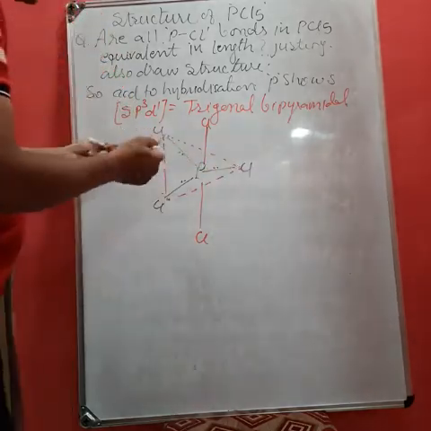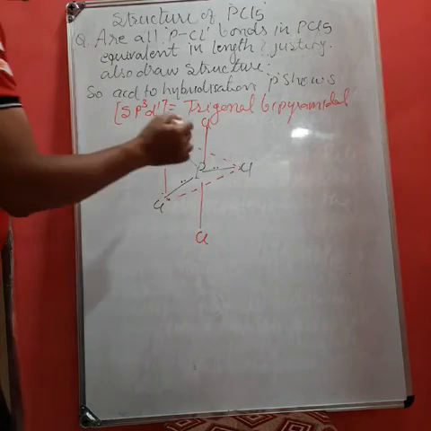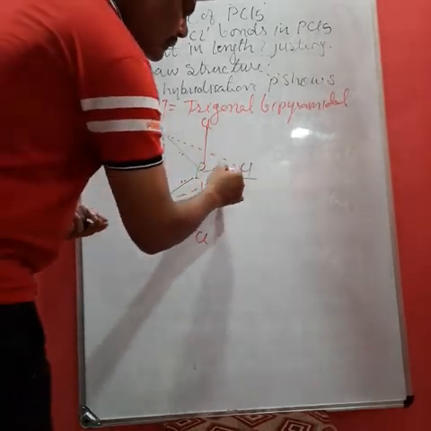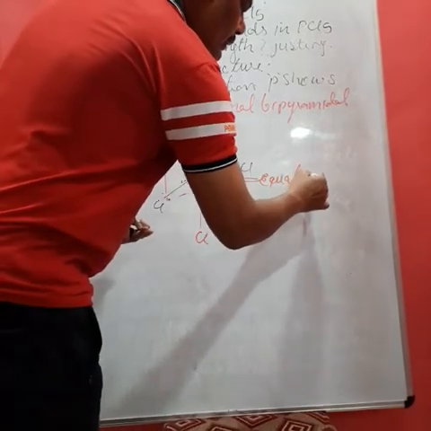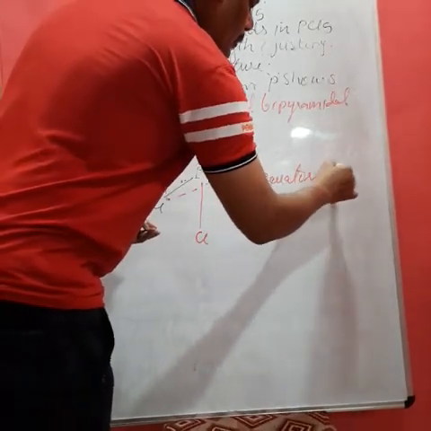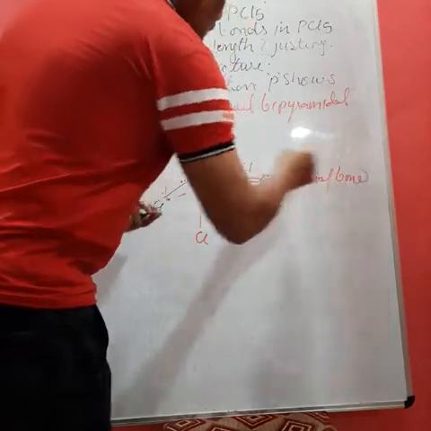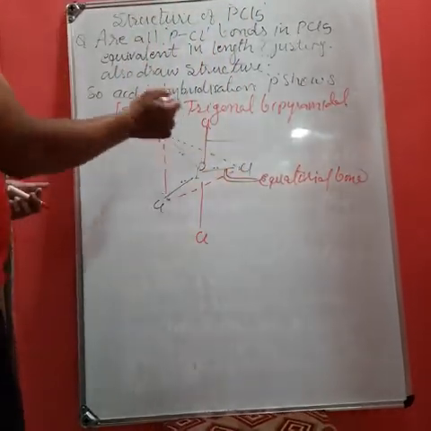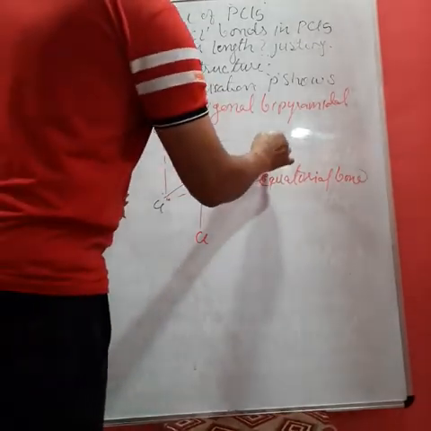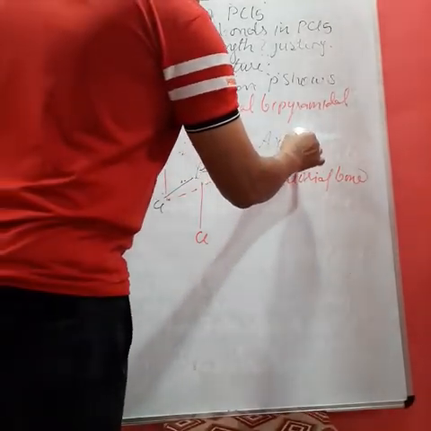There are actually 2 types of bonds. This bond is called the equatorial bond, while the 2 P-Cl bonds present down and up on the axis are known as axial bonds.